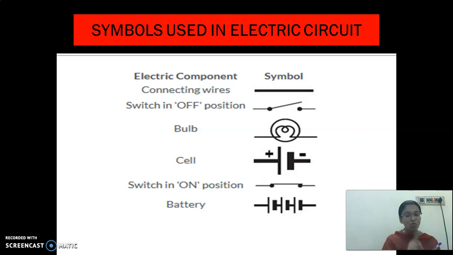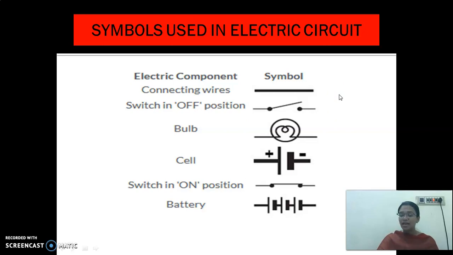The longer one is called positive and the shorter one is negative. Next one, switch in on position. At that time both will be in contact. Battery, this is the symbol for battery.